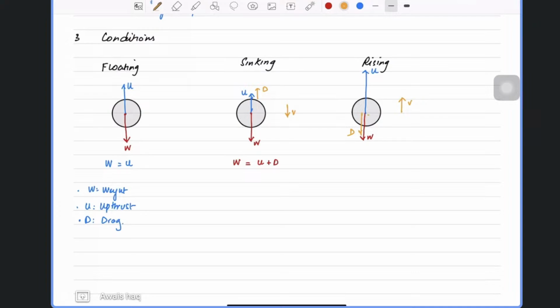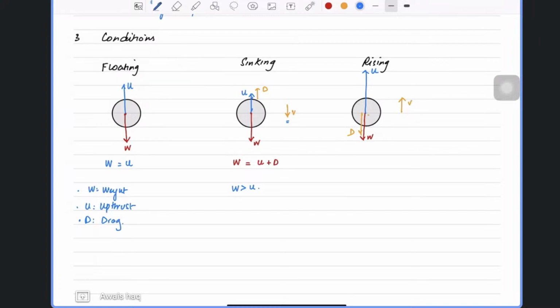It must have had some speed before, so it's going at constant speed. There are two conditions of equilibrium: either you stay at rest, or move at constant velocity, right? So it is moving at constant velocity, but you should remember that the only reason it would sink in the first place is that weight is greater than upthrust. Do you understand, Khadija?